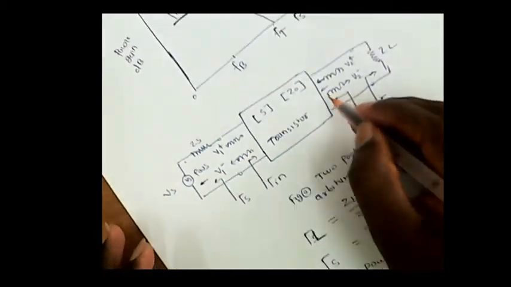So here will be seen the power available from the input network, so P in.